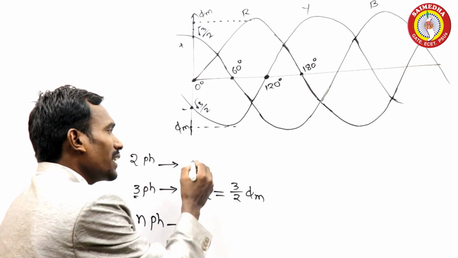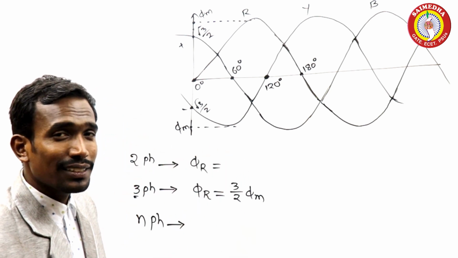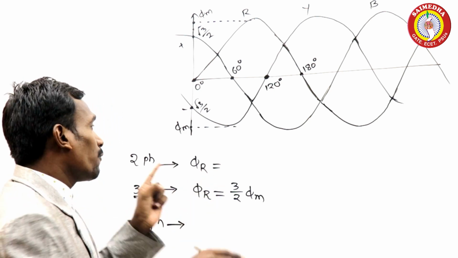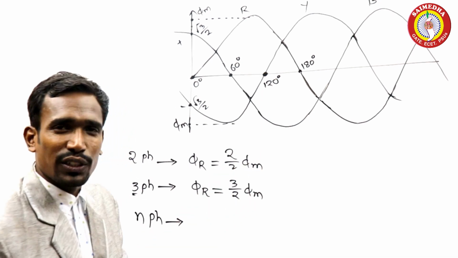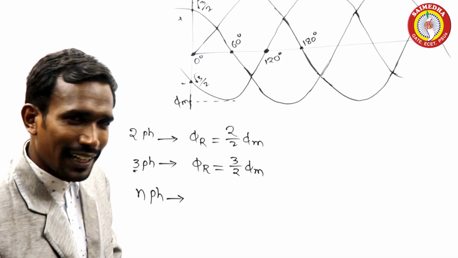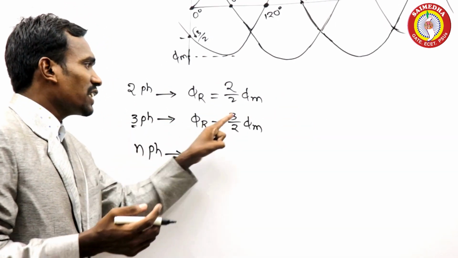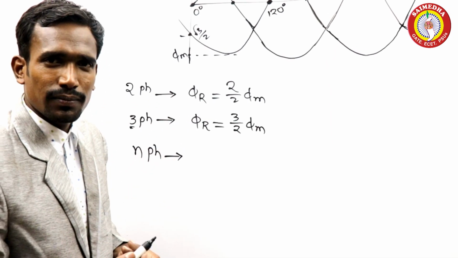Can you tell me what the resultant flux is for a two-phase system? For a three-phase system, it is 3/2 phi m. So for a two-phase system, it is 2/2 phi m. What about an n-phase system?